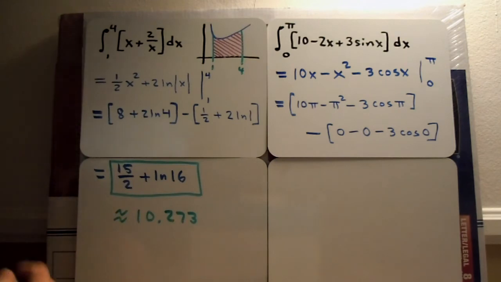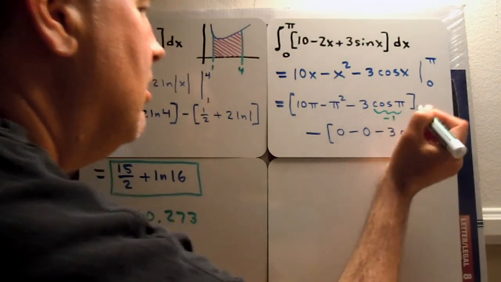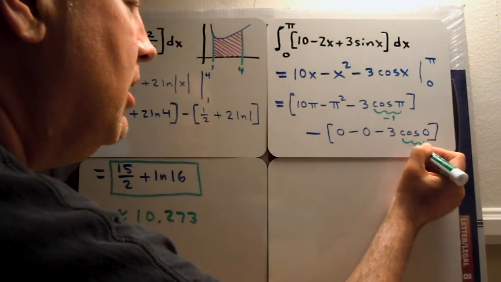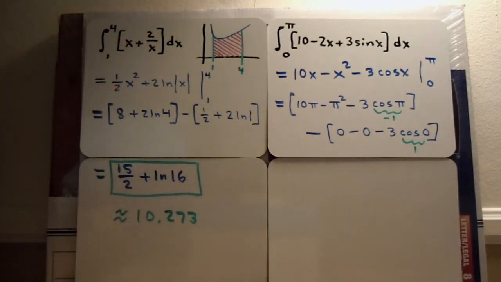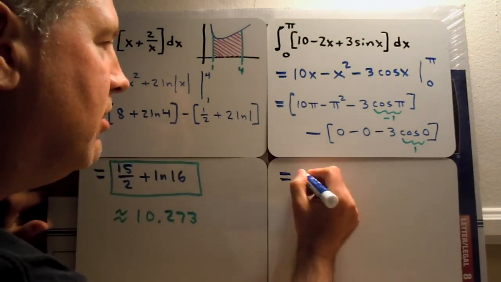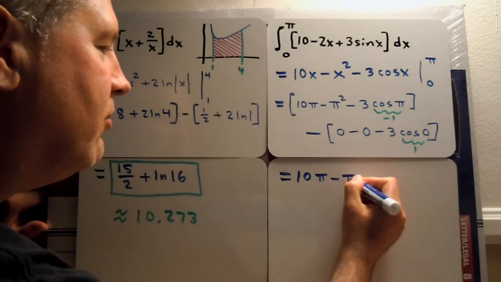Now remember what the cosine of pi is. The cosine of pi is actually -1. And the cosine of 0, remember, that's equal to 1. So it appears that we have, as our final answer, 10 pi minus pi squared.